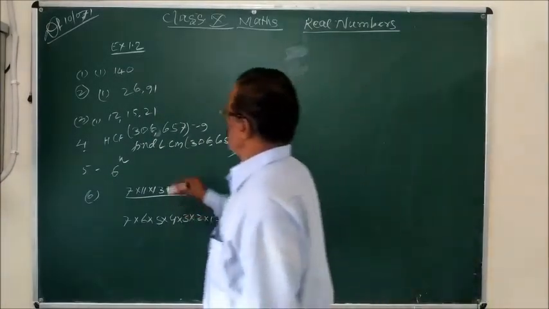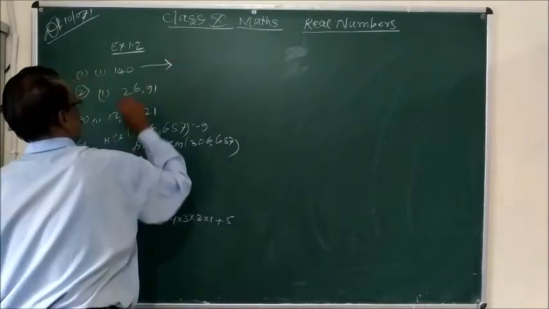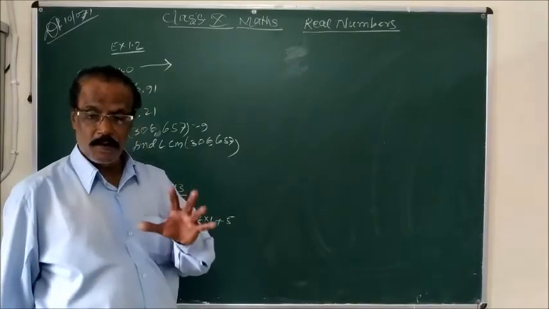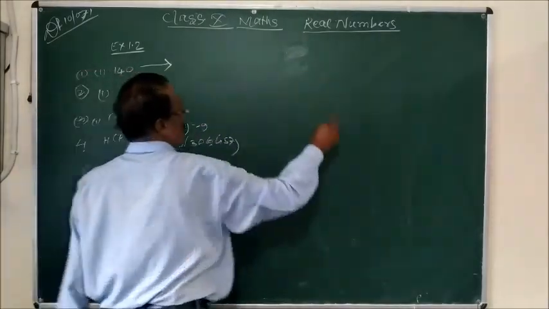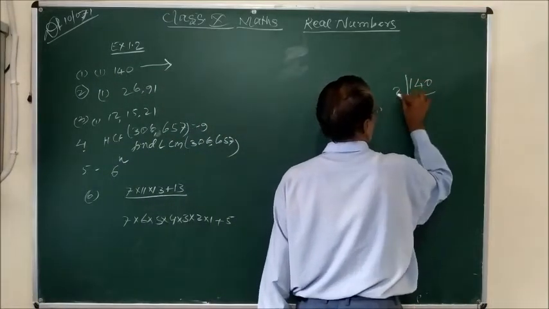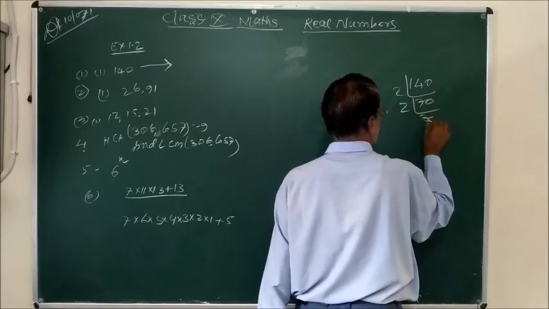Now you see the question of 140. It is a composite number, and you express it as a product of primes. Very simple. You find the prime factors of 140 and you will write like this. So this will be question number 1.